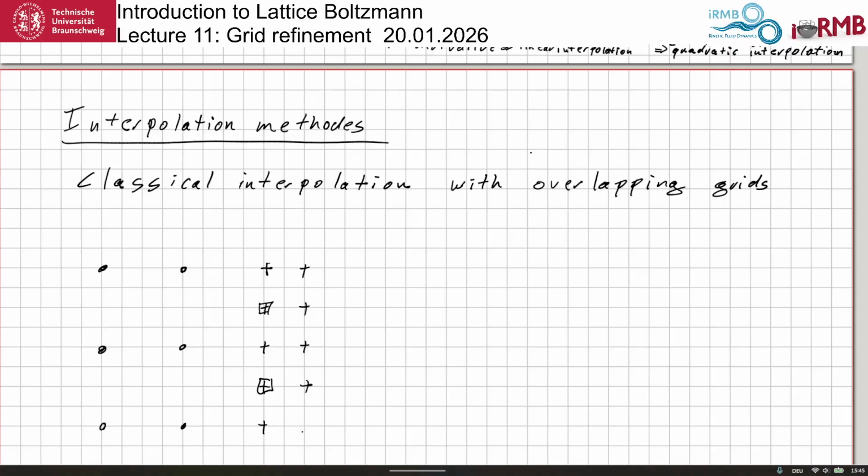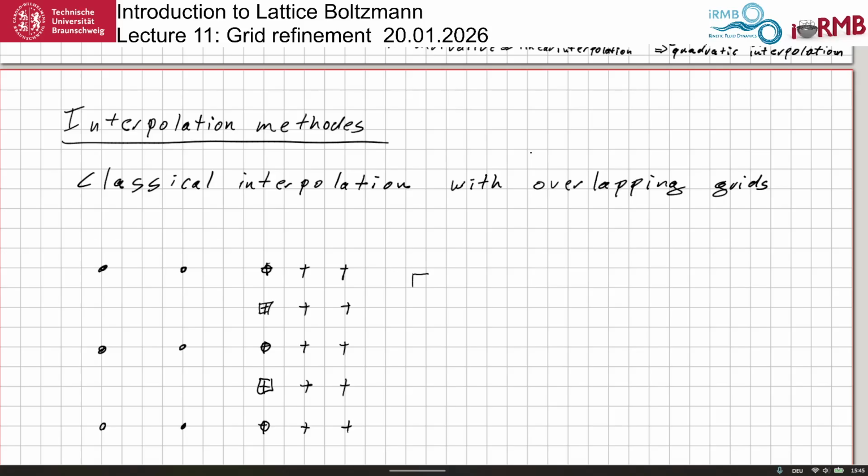So again, the ratio between the grid spacings is the same. It's 2. Now you see these nodes here, they can exist on both grids, yeah? So the ones that I have here in round.